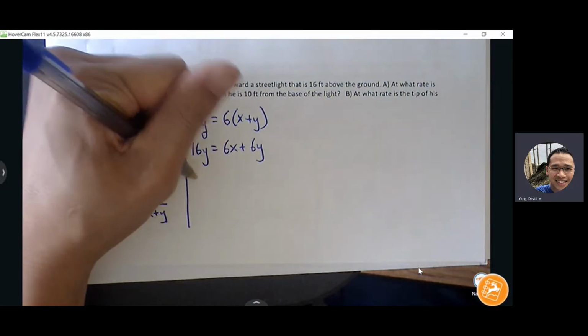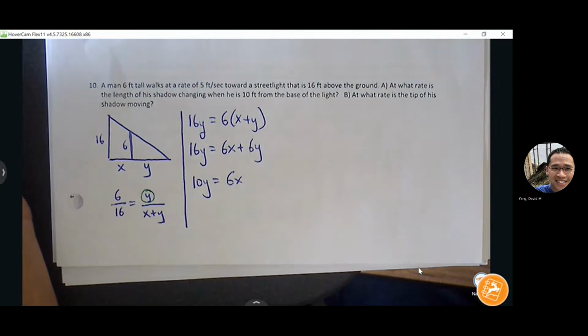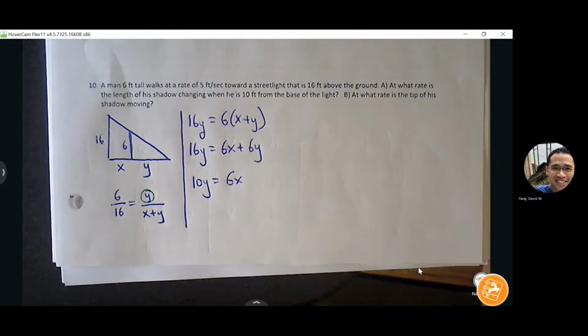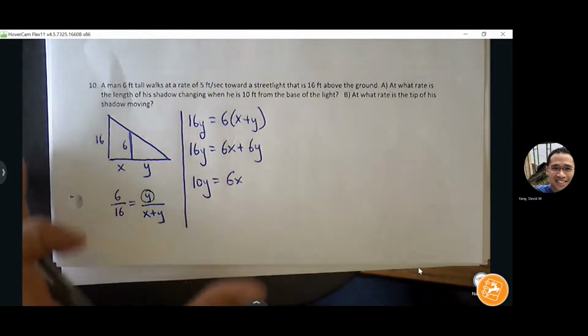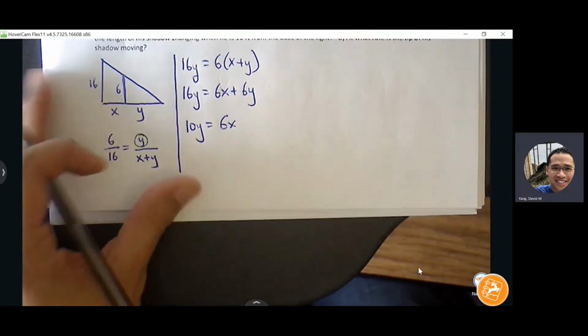Combine like terms. Okay, find the derivative with respect to time. What does 10y become? Right. Make sure that every variable gets impacted by time here.